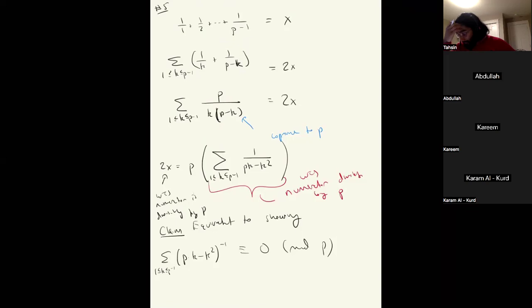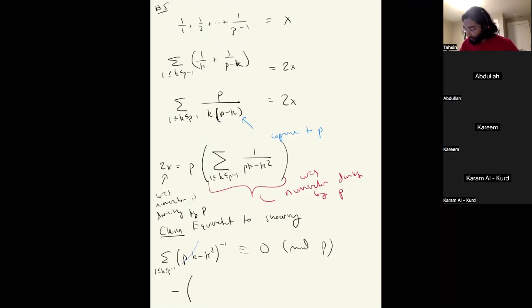That's actually much easier, because now we can drop the pk. It's not important anymore, and this becomes minus 1 squared inverse plus 2 squared inverse and so on.